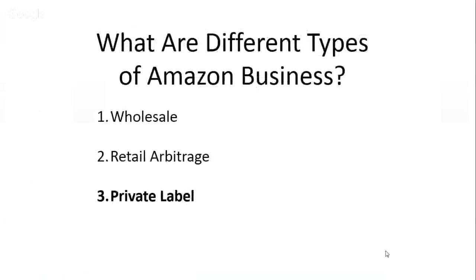There are basically three types of business model anybody can start on Amazon. One is wholesale, the other one is retail arbitrage, and the third one is private label. I'll go through the difference.